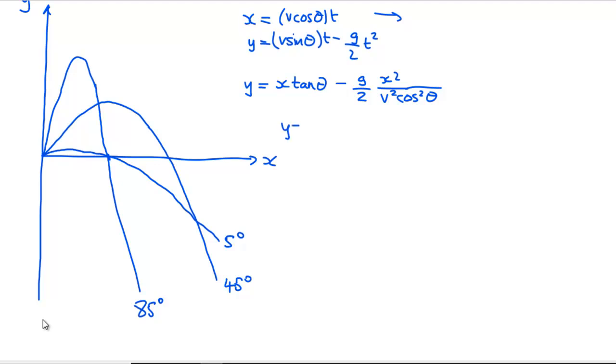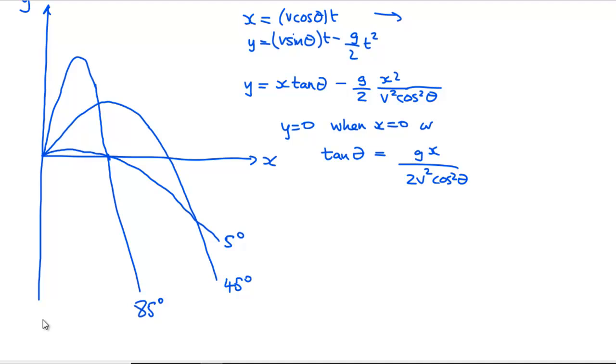So y is going to be equal to 0, which is what we're looking at here when it comes back down to ground level, if there was a ground there, whereas we're actually hitting it off a cliff. That's either going to be when x is equal to 0, or when tan theta is equal to gx over 2v squared cos squared theta.